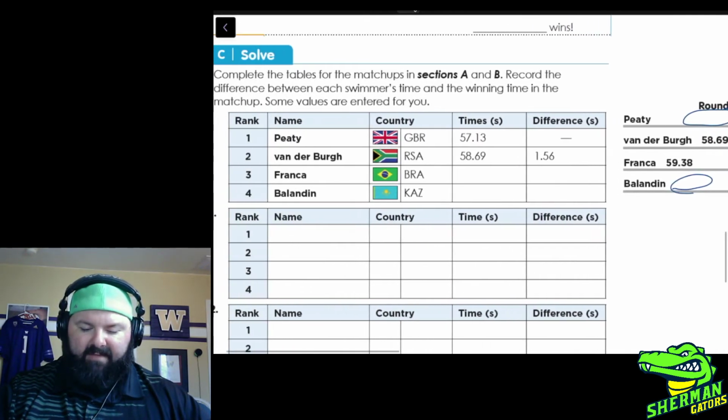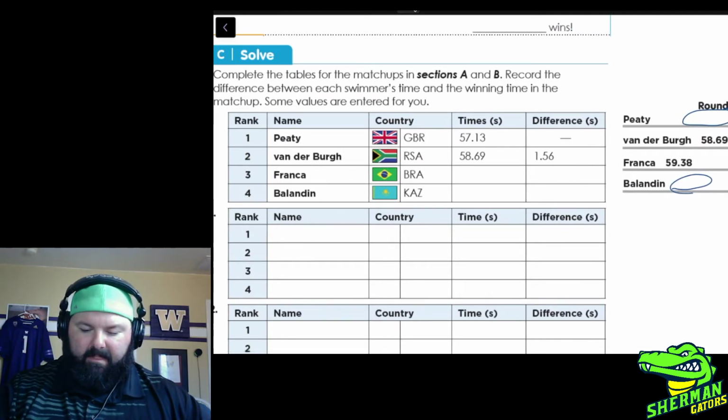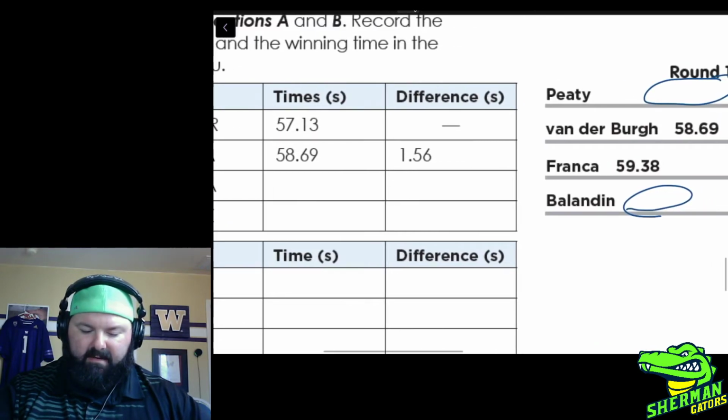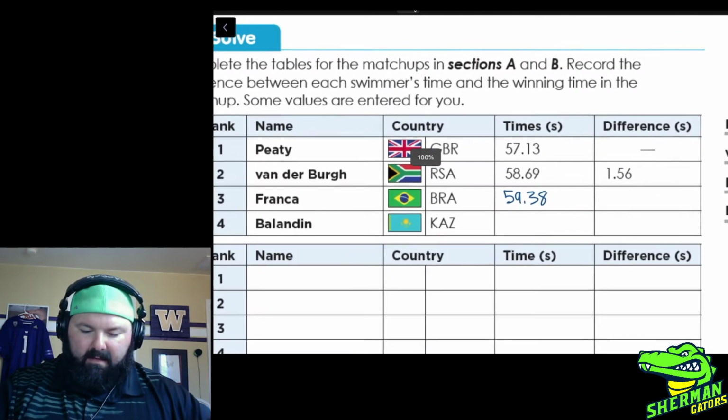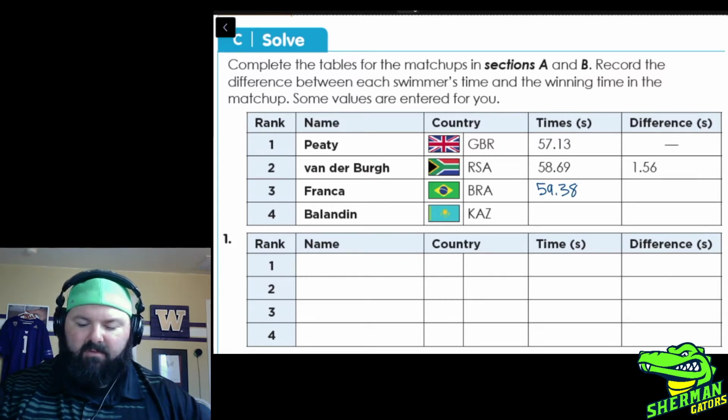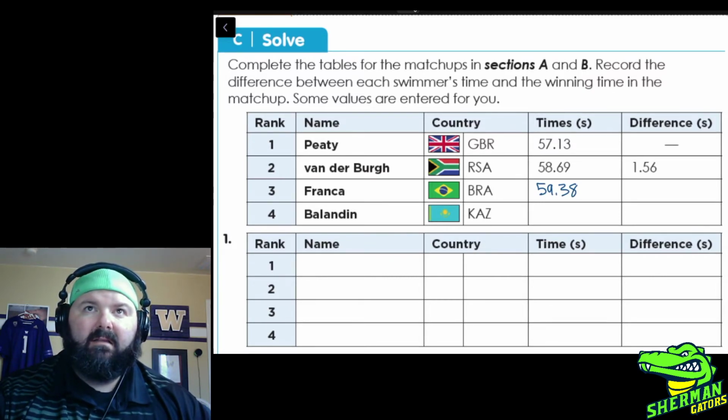And then once we have that, so Franca, the time was 59.38. So I'm going to write 59.38. And we are going to record the difference between each swimmer's time and the winning time in the matchup.